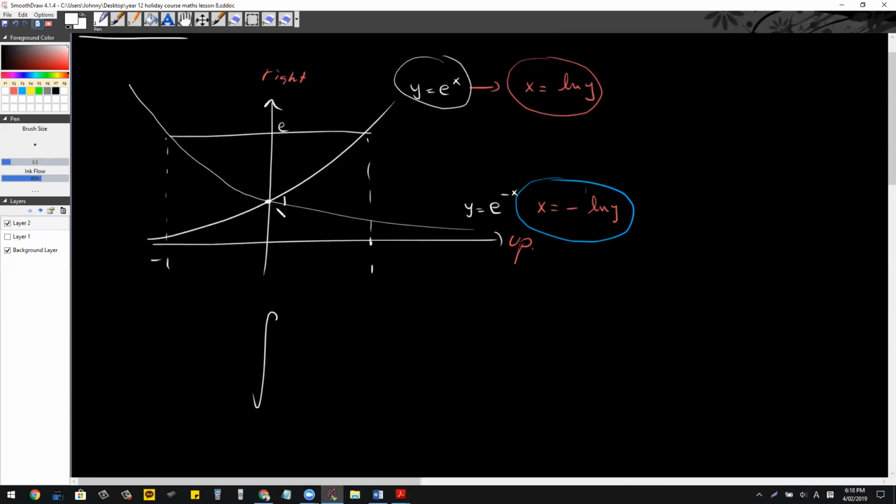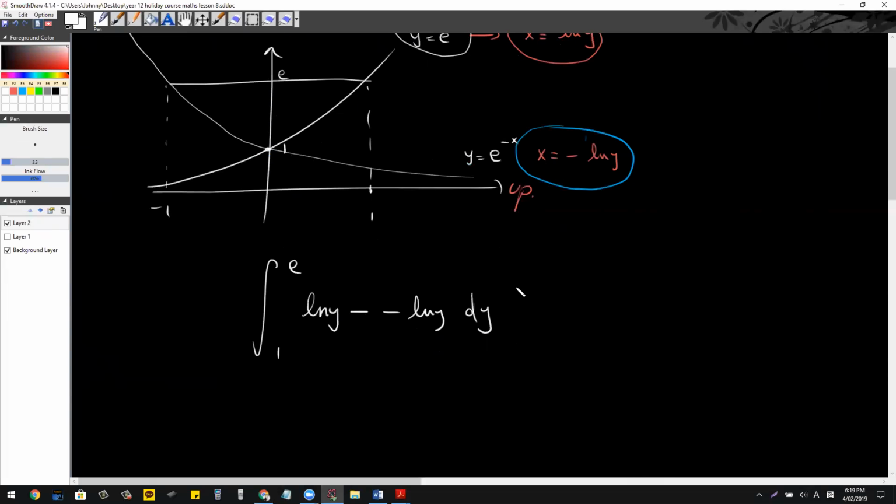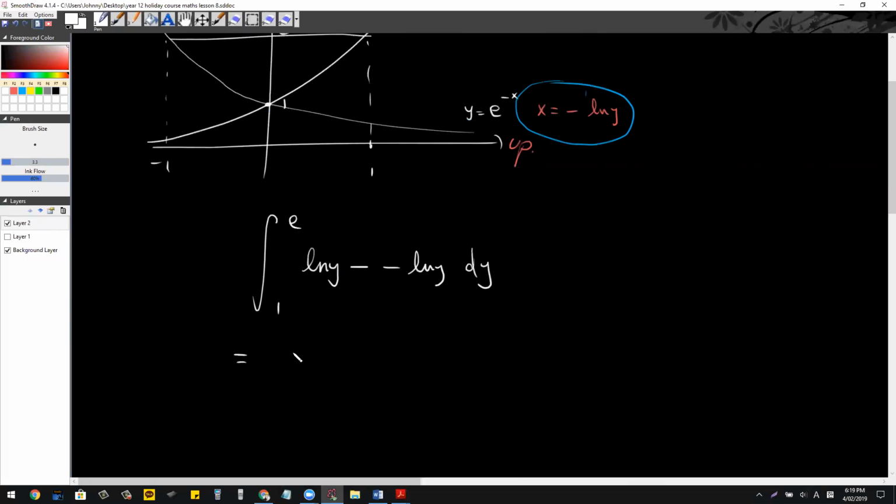So integral from 1 to e, and then you do ln y minus negative ln y dy. So if I do that, this is 1 to e, and this is 2 ln y dy.